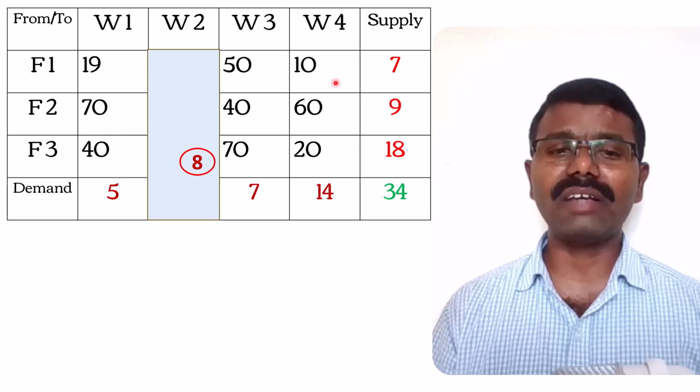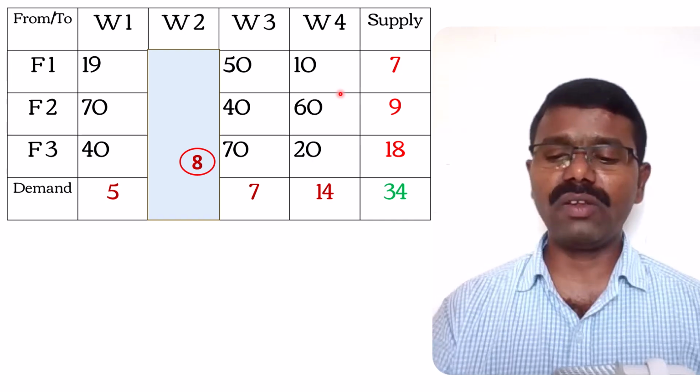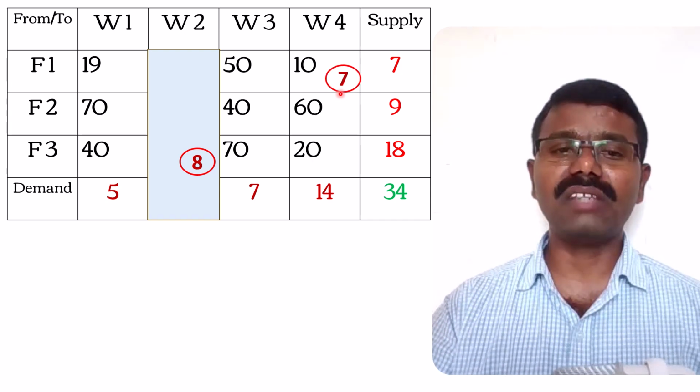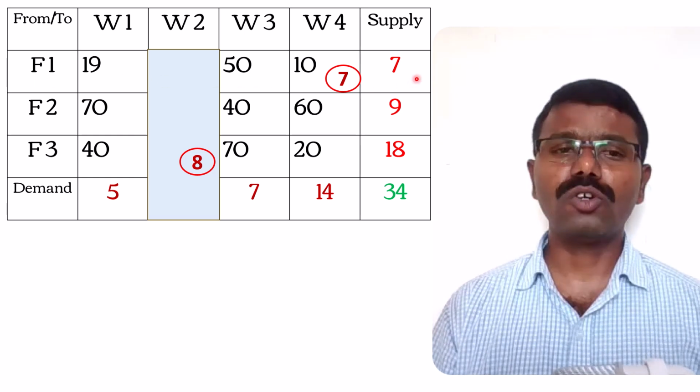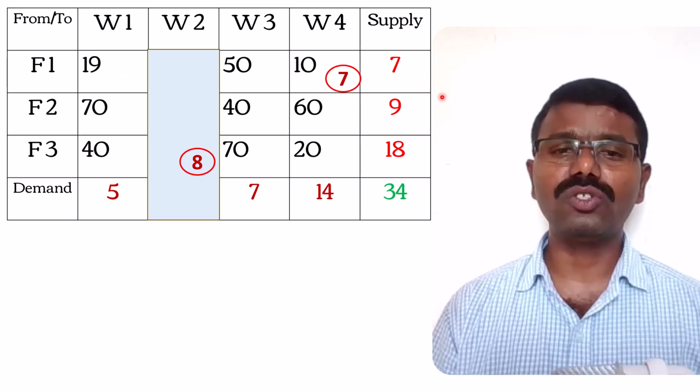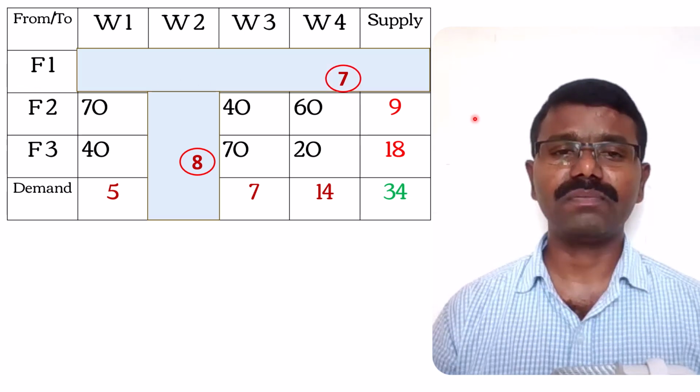So we can only assign 7 units to this cell. Once you assign 7 units from factory 1, its supply is finished. So we can't use this factory further, so cancel factory 1.